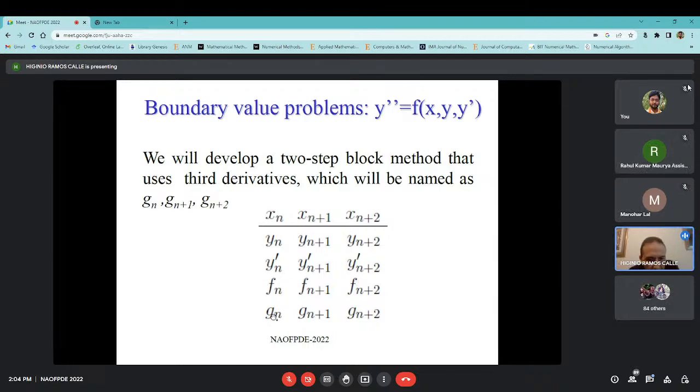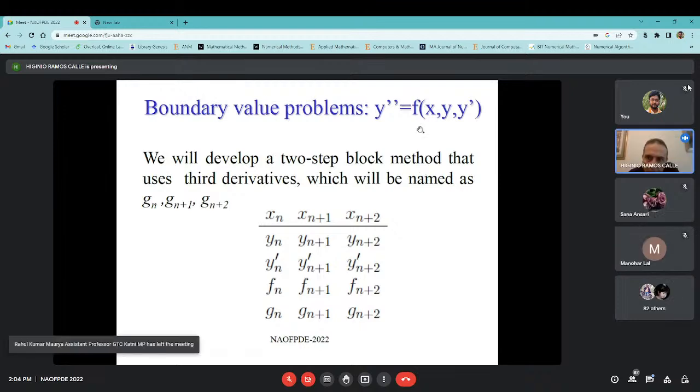And in this case, g corresponds to the third derivative. The third derivative means the first derivative of f. So you can obtain this expression of the first derivative of the function f, and you can express this in terms of the unknowns.